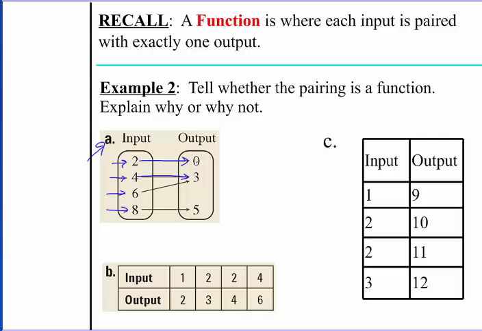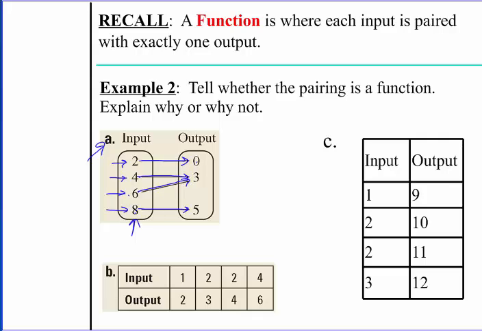Okay, 3 is associated with 4. The 6, so we're looking at the 6. The 6 only has one number associated with it. Okay, the 3 is associated with the 6. 8, the 8 only has one number associated with it. So you're looking at your inputs. Each number in the input can only have one output associated with it.